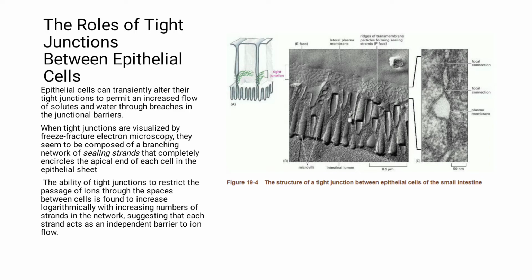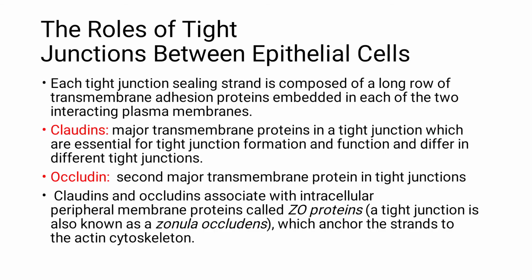And in C, the junction is seen in cross-section as a series of focal connections between the outer leaflets of the two interacting plasma membranes, each connection corresponding to a sealing strand in cross-section. Each tight junction sealing strand is composed of a long row of transmembrane adhesion proteins embedded in each of the two interacting plasma membranes.